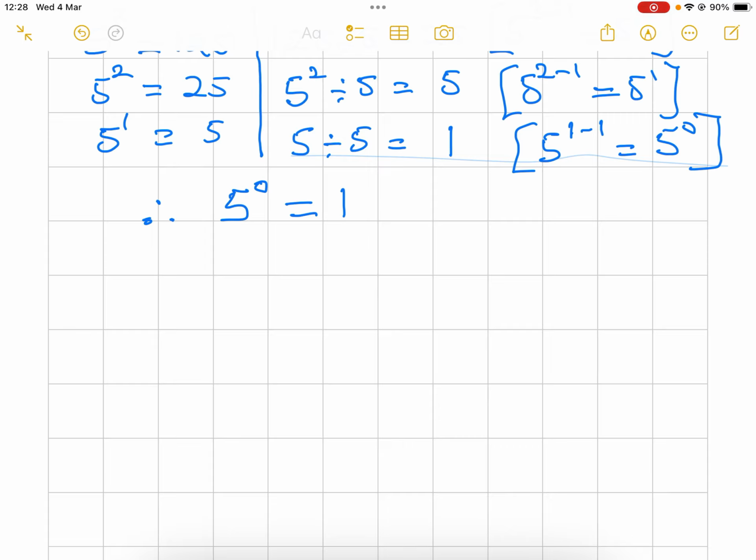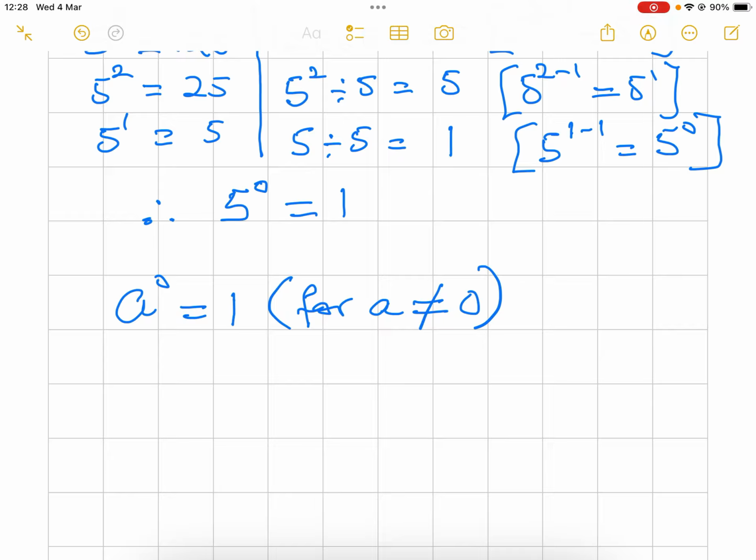All right? Now, take note of this important mathematical precision. A raised to power 0 is equal to 1 for A not equal to 0.